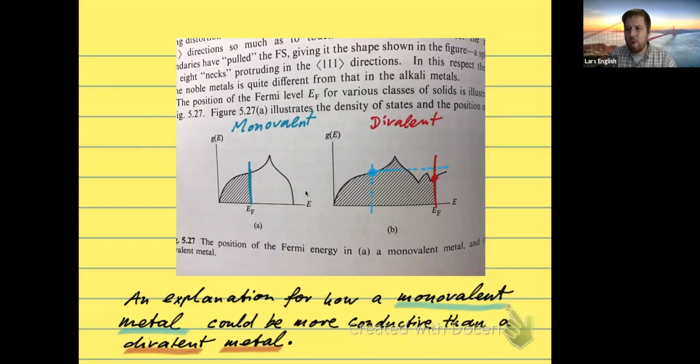But this new formula for conductivity really only cares about the population density at the Fermi energy. And so it's very clear how we could get a larger population density in the monovalent case compared to the divalent case.